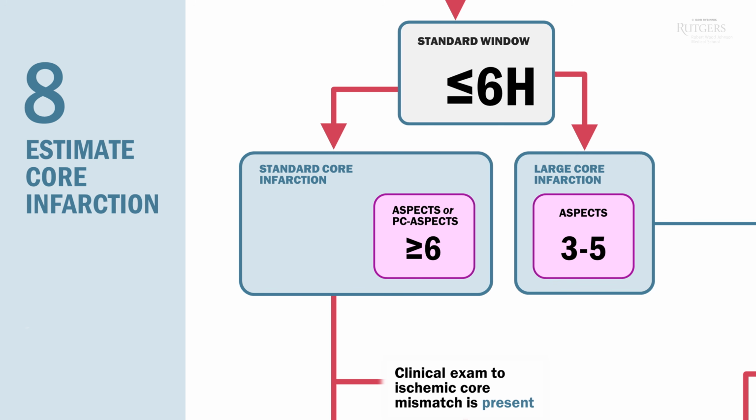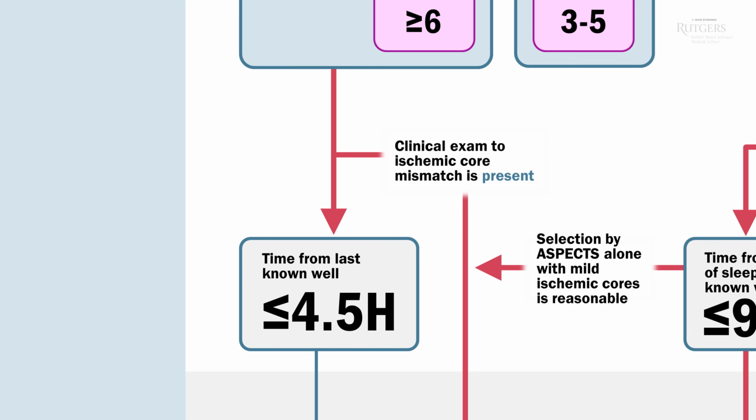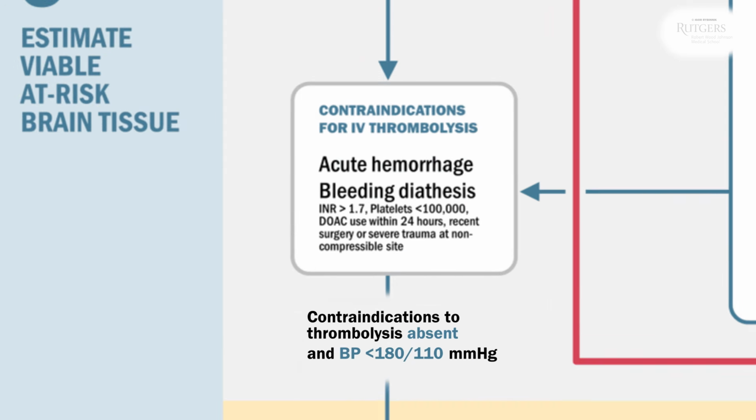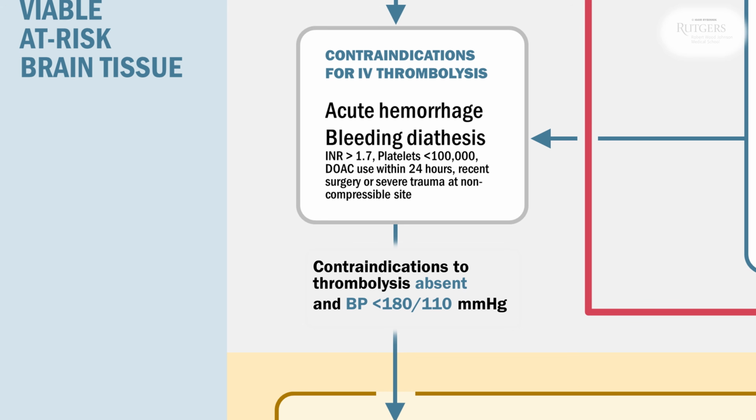If the CT looks favorable, 6 or more points on the ASPECTS, or PC-ASPECTS for posterior circulation strokes, as it usually does in this time window, and the patient is within 4.5 hours from symptom onset, then it's time to review contraindications for IV fibrinolytic. Look for evidence of acute hemorrhage or bleeding diathesis.